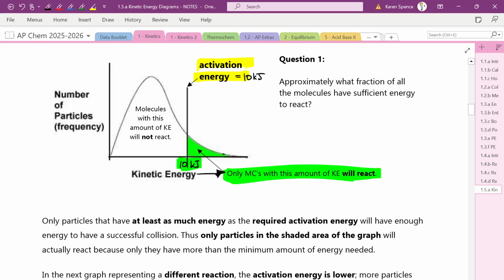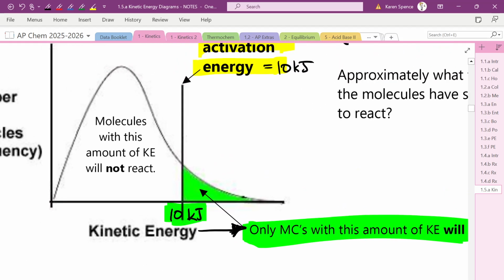Approximately what fraction, if you had to just guess? What I might do is go, okay, I've got a little triangle that looks like this, and then I've got another triangle. 1, 2, 3, 4, 5, 6, 7, 8, 9, 10, 11, 12.